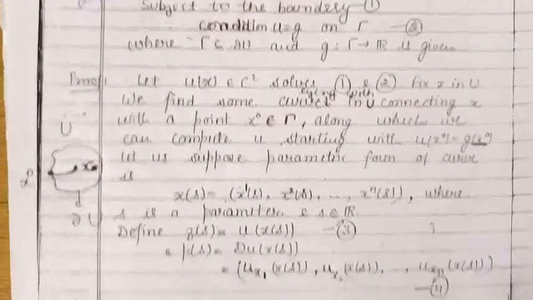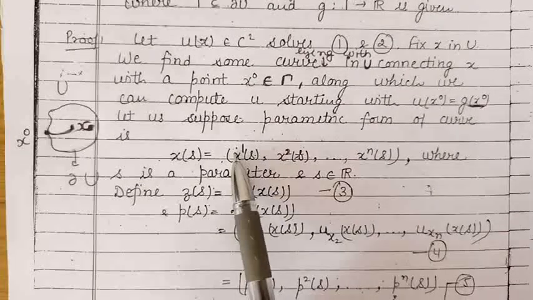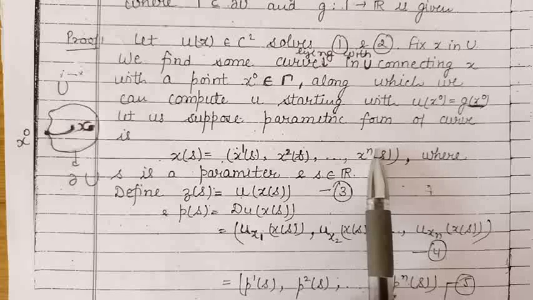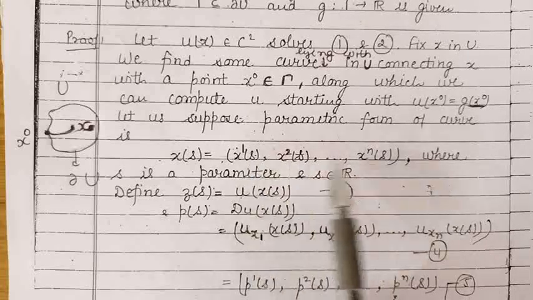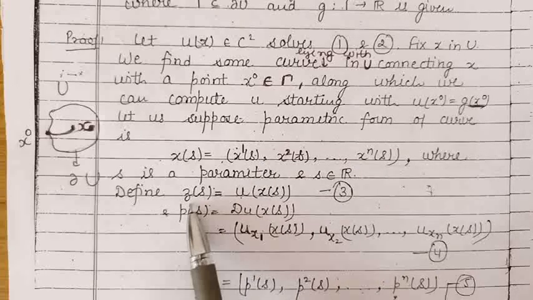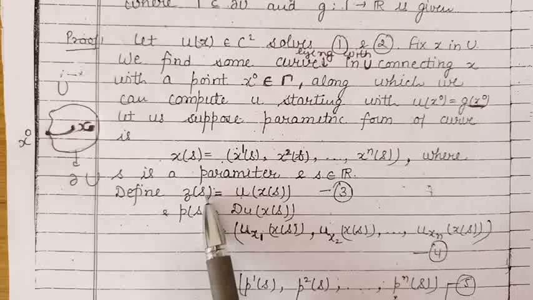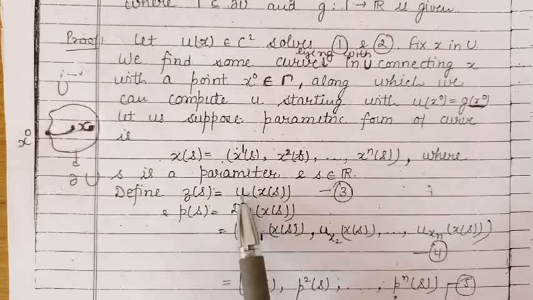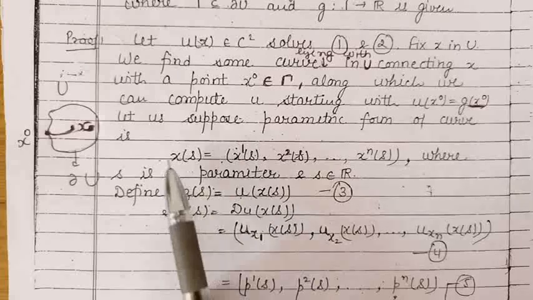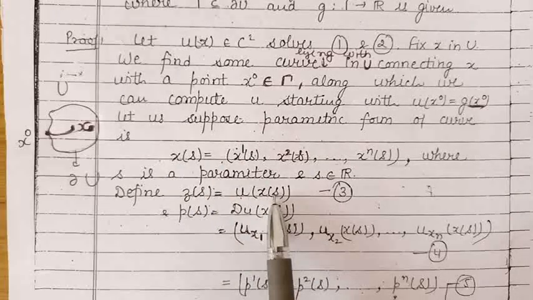So we have denoted its components by x1, x2, x3 and so on up to xn. Here each is a function of parameter s. Also let us define a function z, which is a function of s, given by u as a function of x. Here x is a function of parameter s.